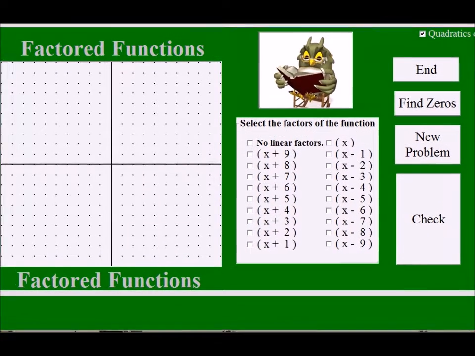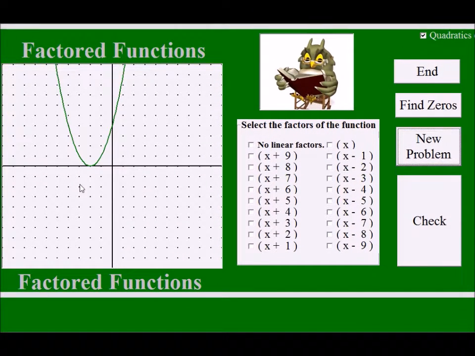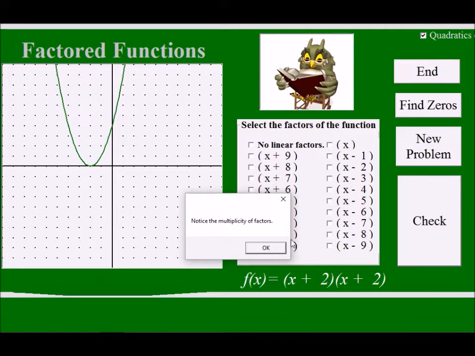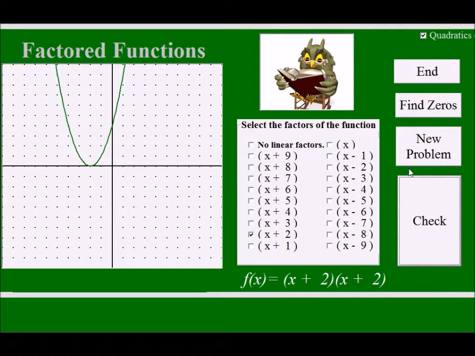If you look at this part, and we do a new problem, we see here that the only 0 we get is -2, but -2 must have come from a factor of x plus 2, and that would be the only one we would have. x plus 2, x plus 2. Notice there would be 2 of them.